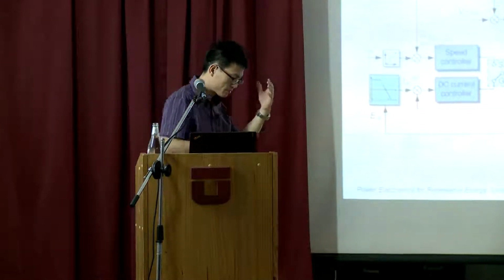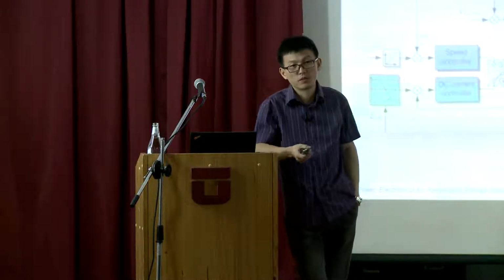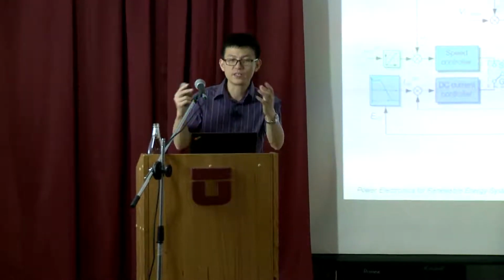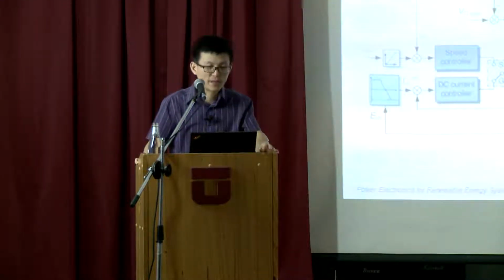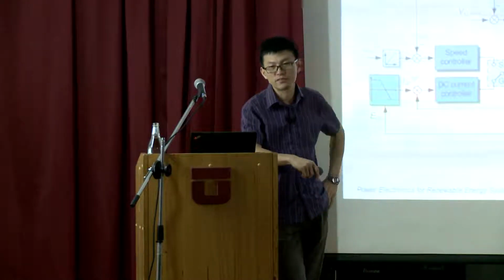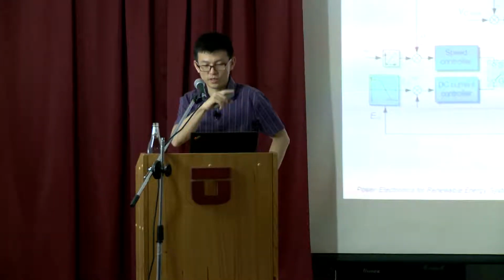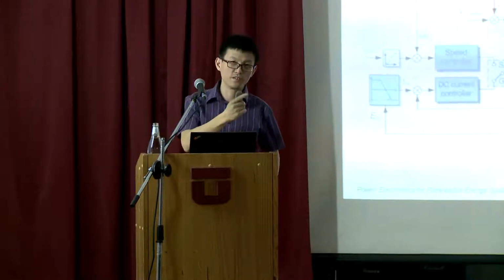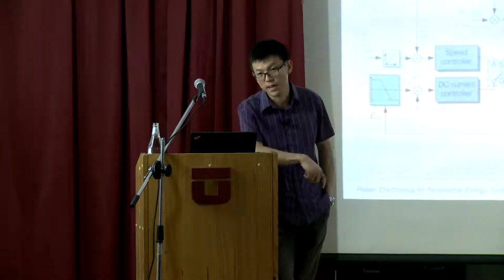For the control of this generation system, essentially for any machine control, especially when you talk about vector control, the whole idea, the basic concept, is to control an AC machine like a DC machine. In a DC machine, everybody knows the back EMF is proportional to the flux current IF, and the torque equals K multiplied by IF multiplied by IA.